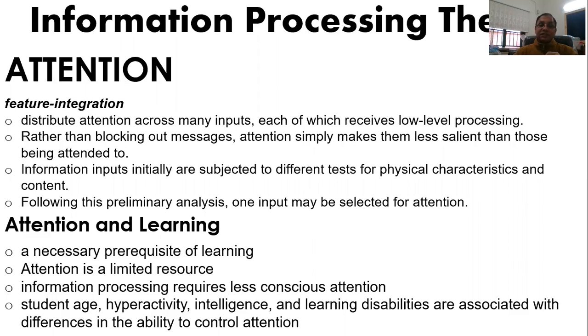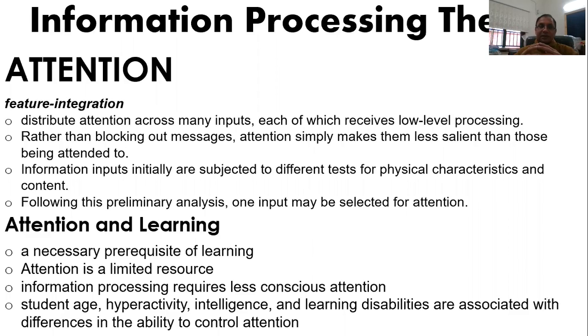Information inputs are initially subjected to different tests for physical characteristics and content. Whatever you see around you, you look at the physical characteristics, right? Physical characteristics are the shape, the color. If you are looking at a three-dimensional object, you might be looking at height and length and all sorts of things, right?